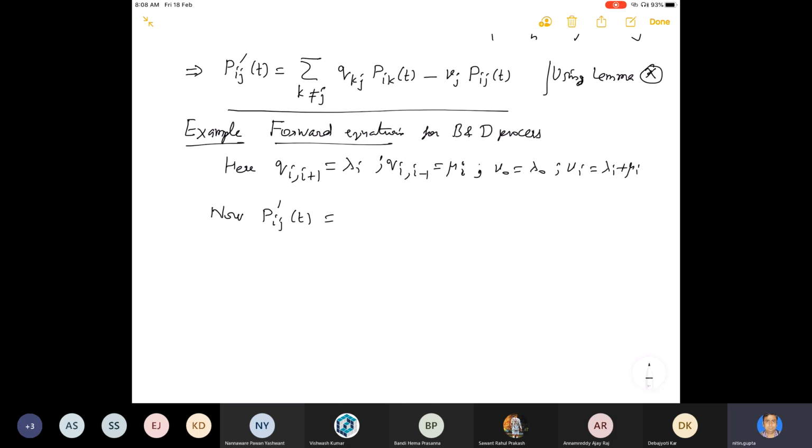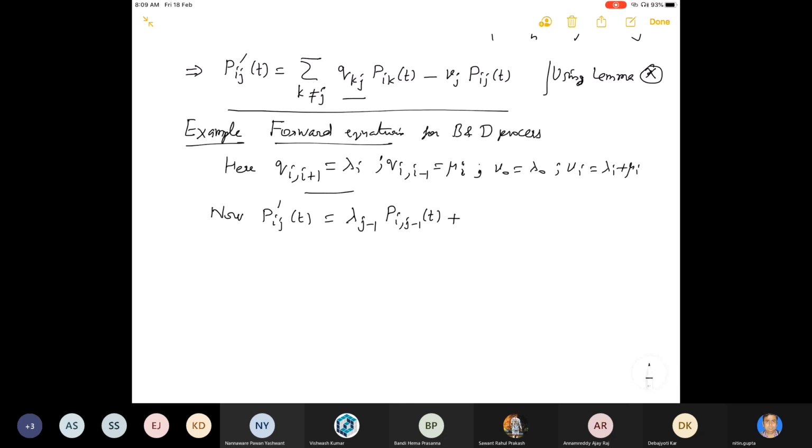Let us take first of all k as j minus 1. So we will have q j minus 1, j, which is lambda j minus 1, times P i, j minus 1 t.